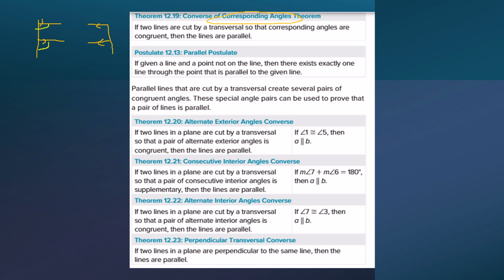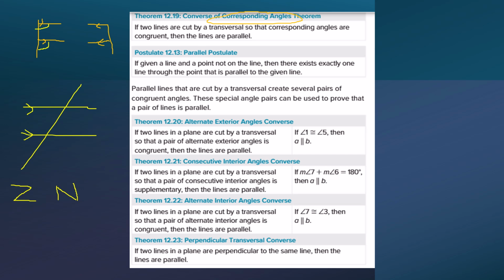When we look at alternate angles, alternate interior angles, these are our parallel lines. We look for the letter Z or an N, whichever way you can identify it will make it very easy.